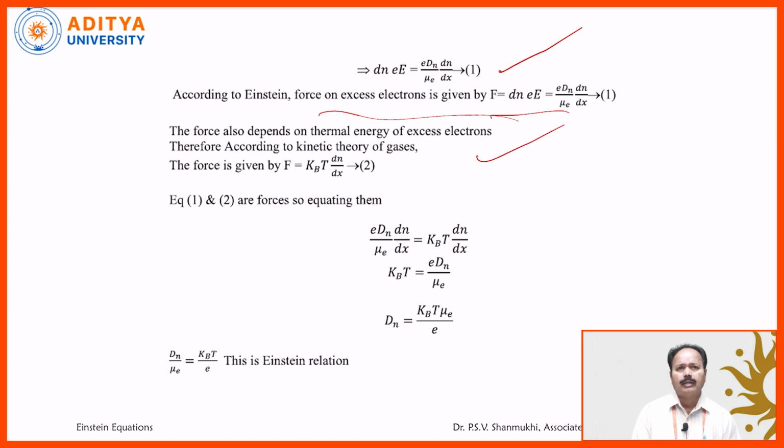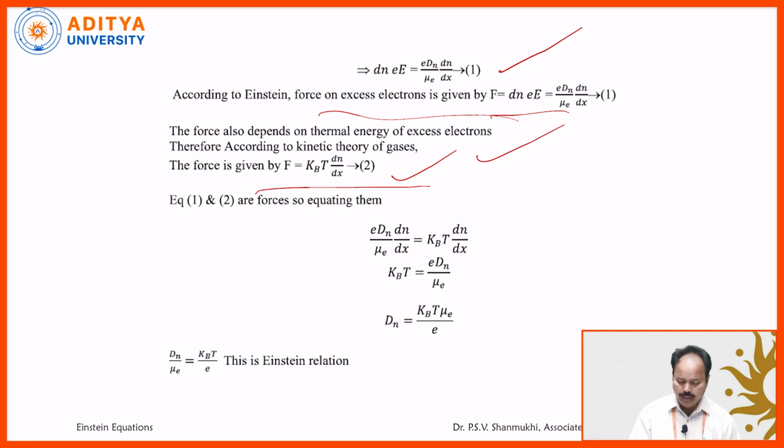According to the kinetic theory of gases, the force due to thermal energy is written as F equal to kB T dn by dx, where kB is Boltzmann's constant, T is the absolute temperature, and dn by dx is the concentration gradient.